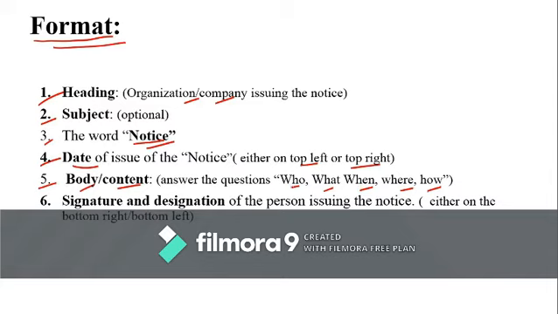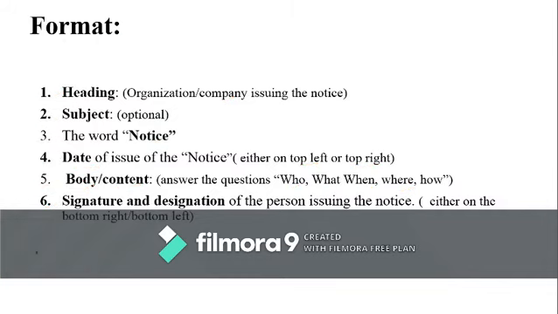So if you answer these 5 WH questions, you will be writing the content part of your notice. And lastly, signature and designation of the person who writes the notice. So these are the important points to be observed while writing the notice, and this includes the format of the notice.